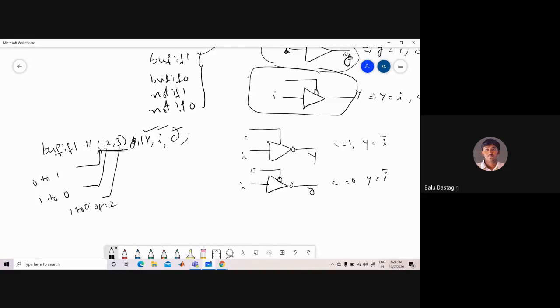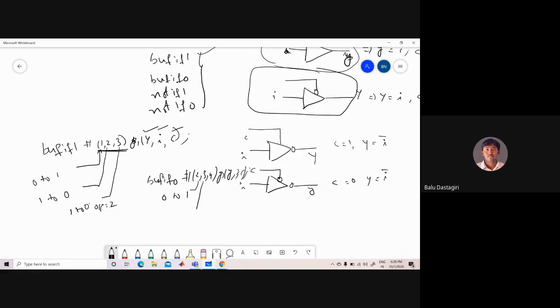For example, take buff if 0 hash (2, 3, 4) G1 Y, I, C. What does this mean? Whenever the output of the buff if 0 goes from 0 to 1, the delay associated is 2 time units.